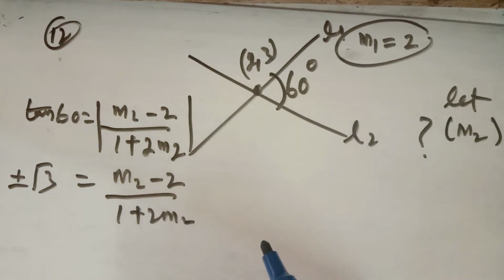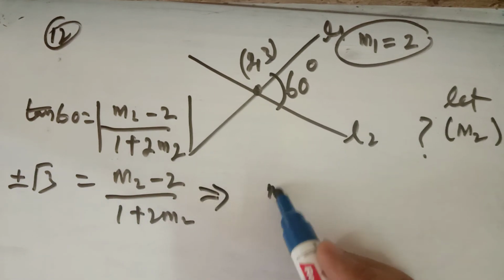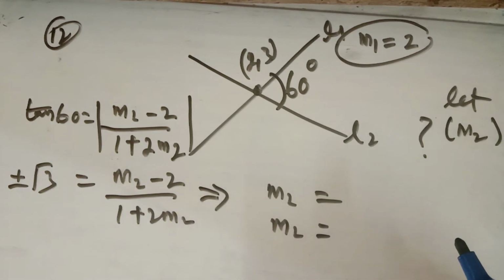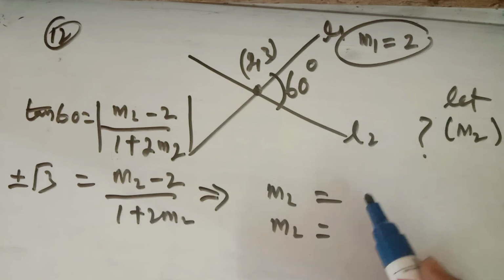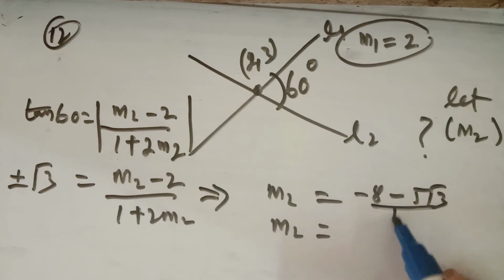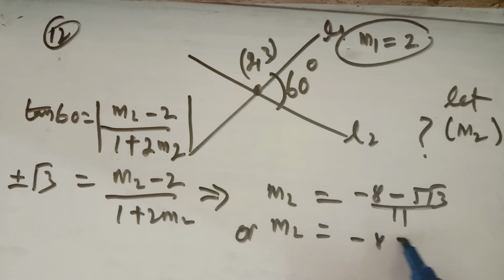So when you solve it, you will get the value of the required slope: it will be minus 8 minus 5 root 3 upon 11, or you will get the slope as minus 8 plus 5 root 3 upon 11.